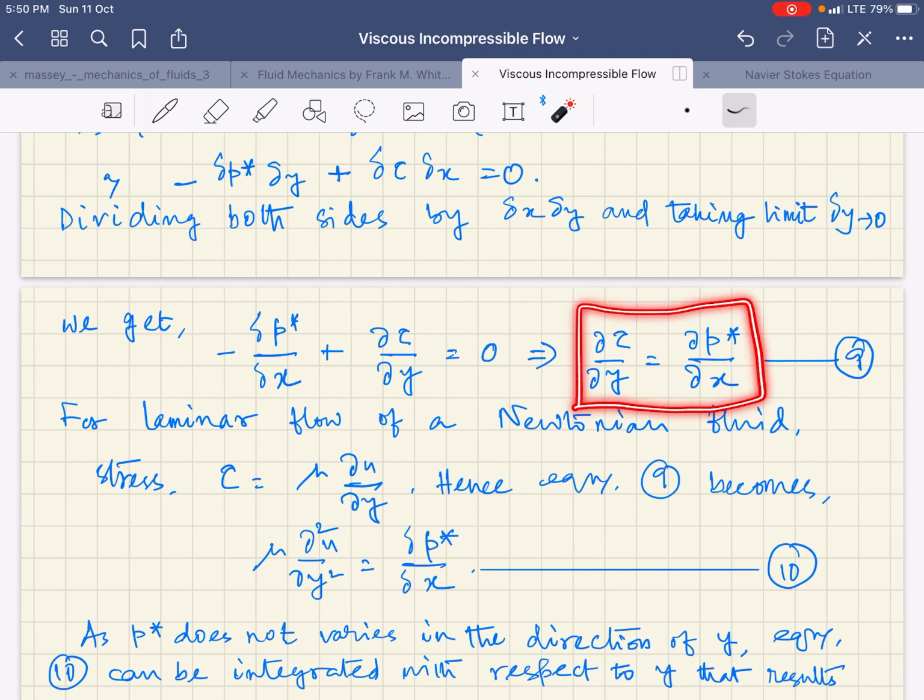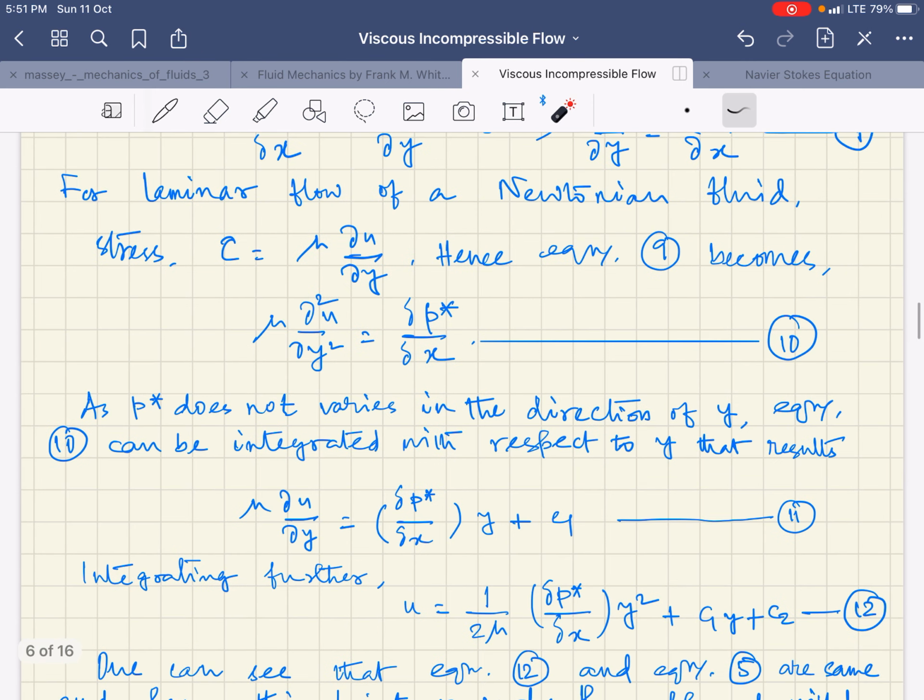And then for Newtonian fluid, you have the definition of this stress with respect to viscosity and the velocity gradient. That is well known, Newton's law of viscosity, that is this one. So here this has to be replaced in tau, so that it leads to mu del 2u del y2 equal to del p star del x.